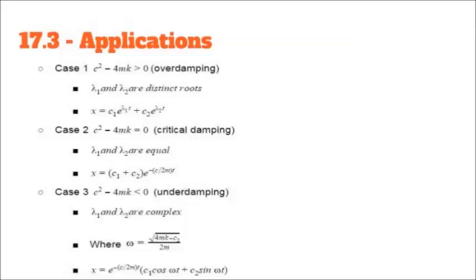This is underdamping, where lambda 1 and lambda 2 are complex numbers, where we have omega equal to the square root of 4mk minus c squared, over 2m. And the solution we will get, instead of using the imaginary number, we will have x equal to e to the power of negative c over 2m times t, times (c1 cosine omega t plus c2 sine omega t).